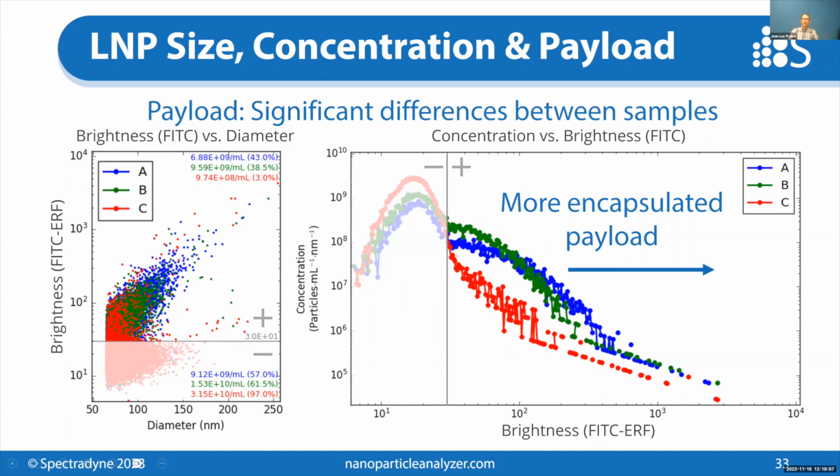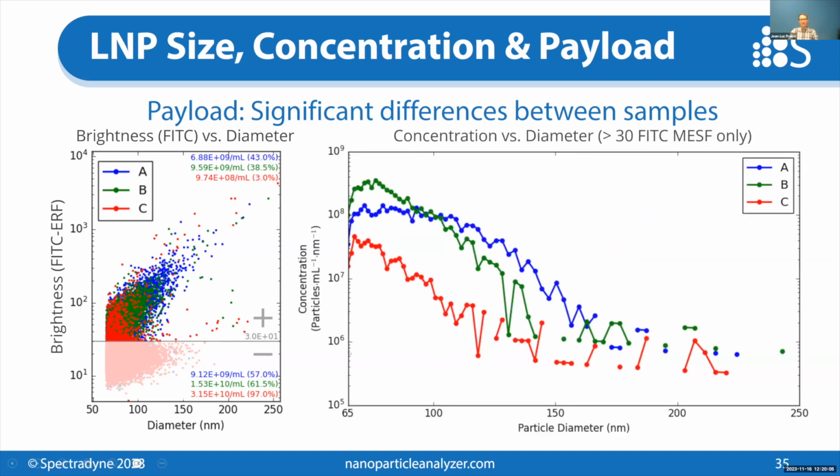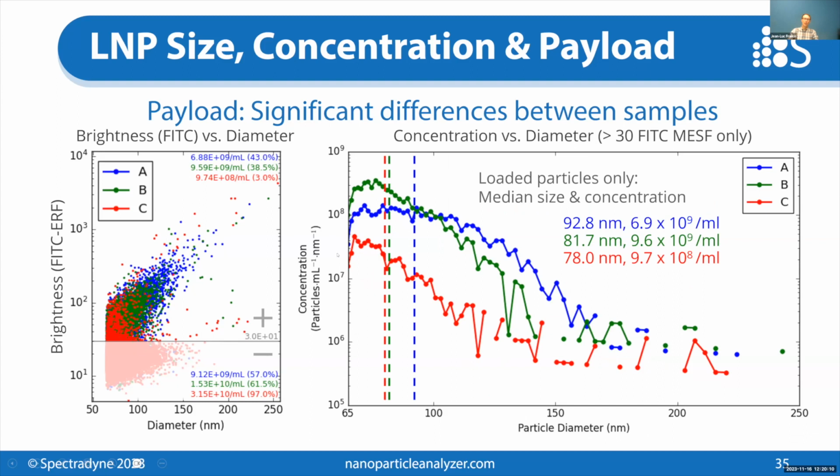Finally, we can apply a gate to select just the payload carrying particles, the fluorescent positive ones. And that's what's shown here. And look at the size distribution now of those payload carrying particles. So when we look at just those payload carrying particles, now we see significant differences between the samples, where formulation A contains payload carrying particles that have a significantly larger median size than the other formulations, and the concentration of payload carrying particles in formulation C is quite dramatically lower than the other 2 formulations.